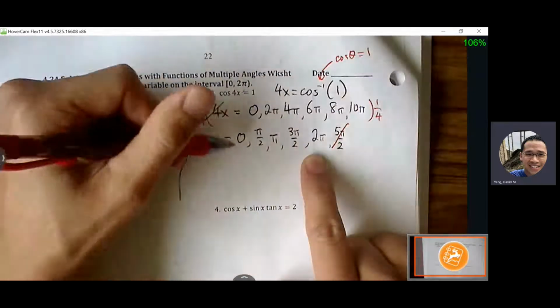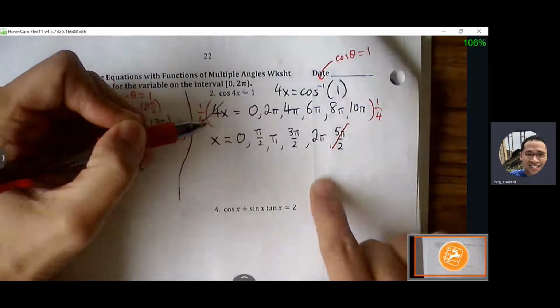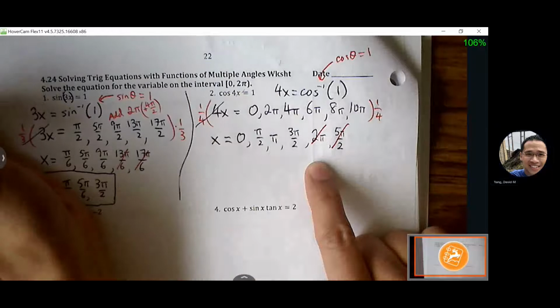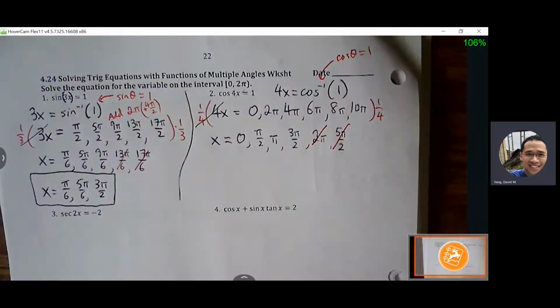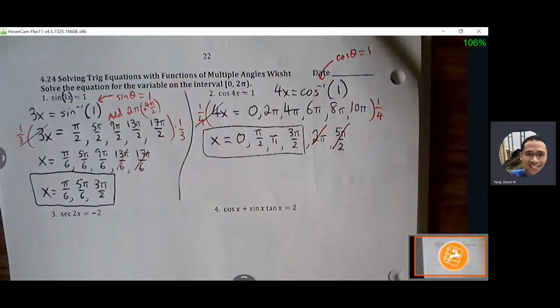We keep the 0 because there's a bracket at 0, but we don't keep the 2 pi because there's a parenthesis at 2 pi. We're not including 2 pi. Okay, any questions so far?